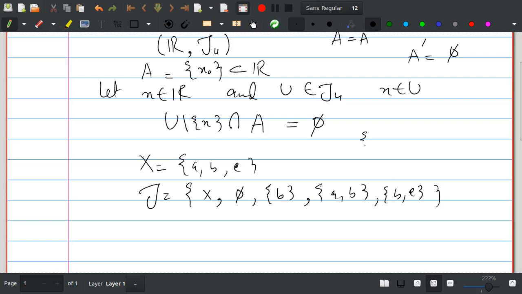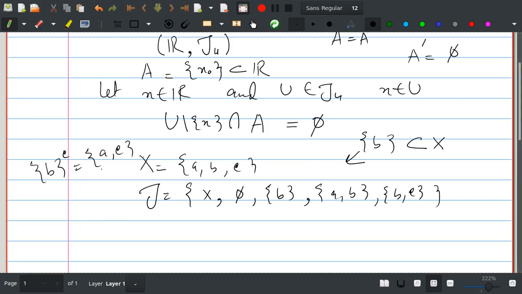Then if we look at the singleton set {a}, which is a subset of X, this is not closed. For if it is closed, then its complement has to be open. Its complement is the set {b, c}, and this is not open because it is not in T. So the singleton is not closed.